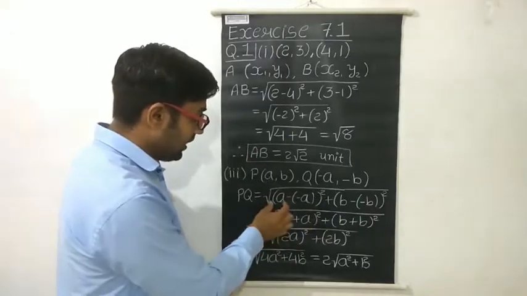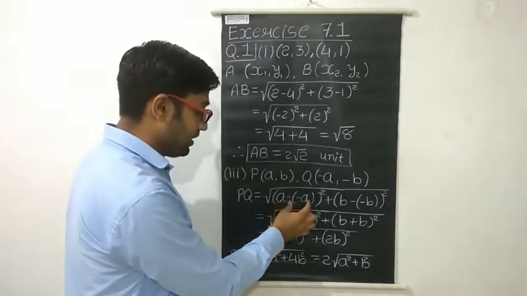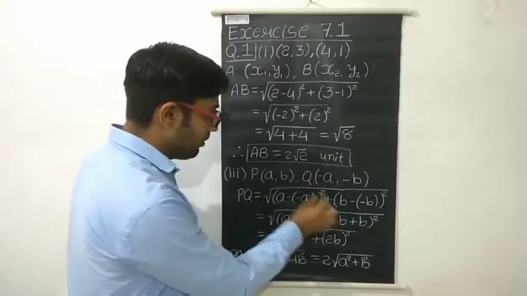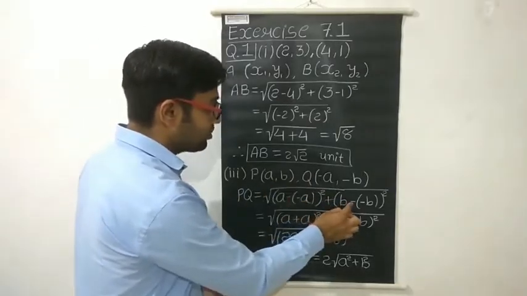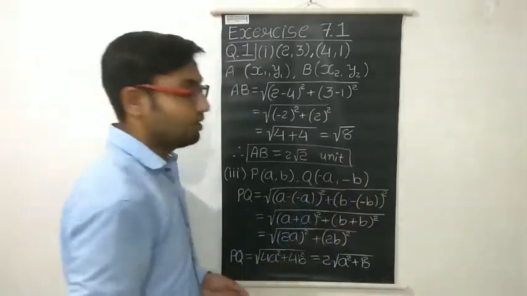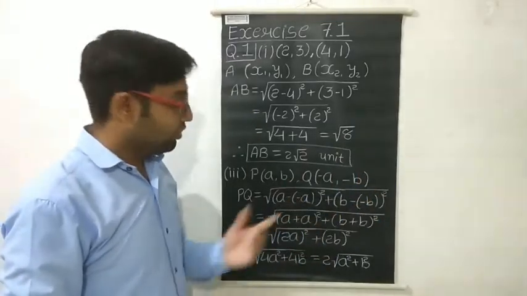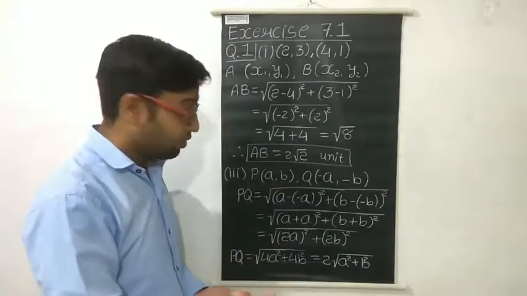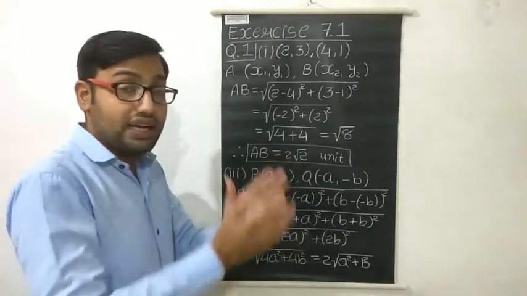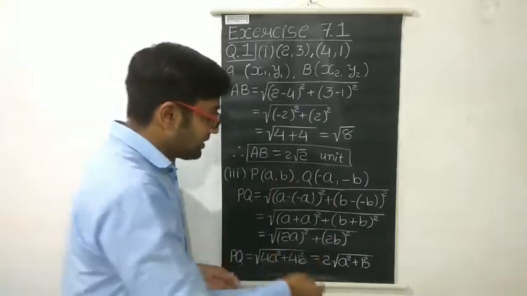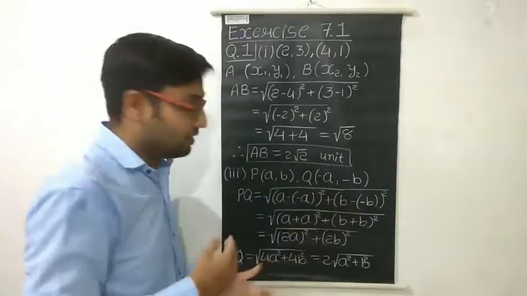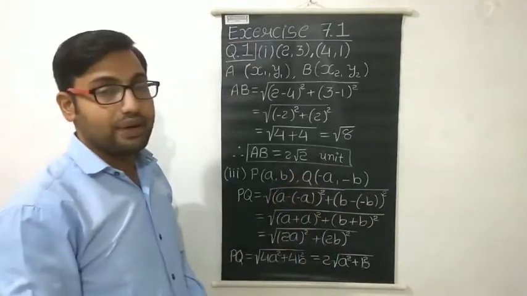So here we get A minus of minus A whole bracket square. In the same way here also B minus of minus B whole square. Do not confuse here, we have to put both the minus values, because the first minus value is already in the formula and the second minus value is of the coordinate value, that is minus B. So we have to put here minus B.